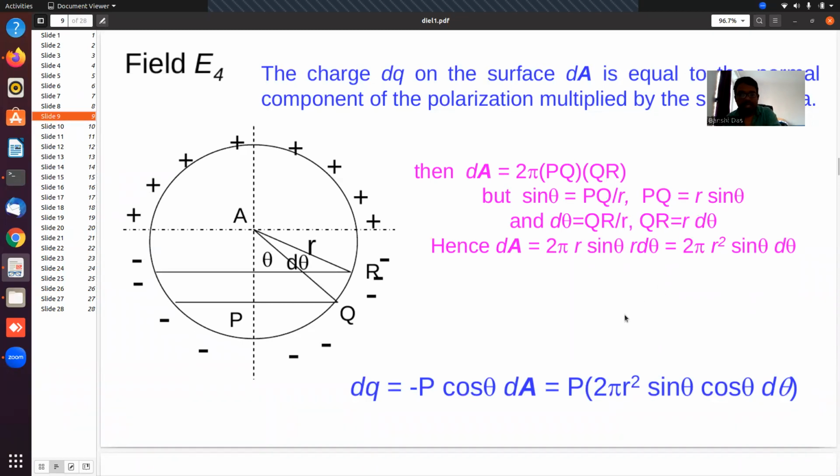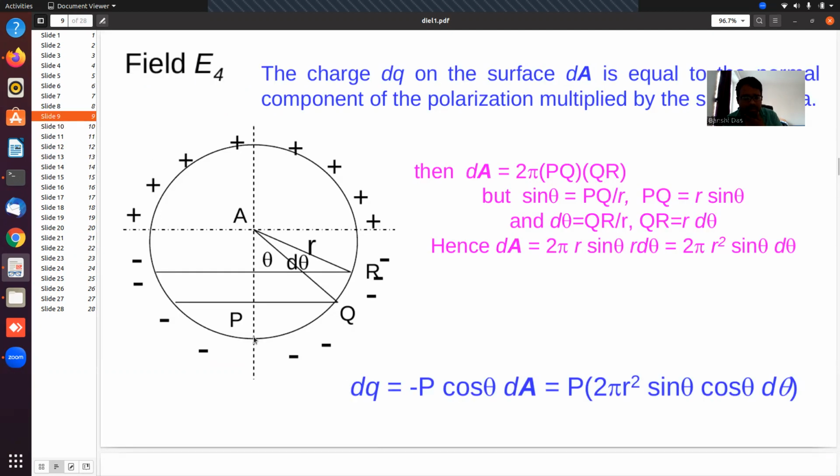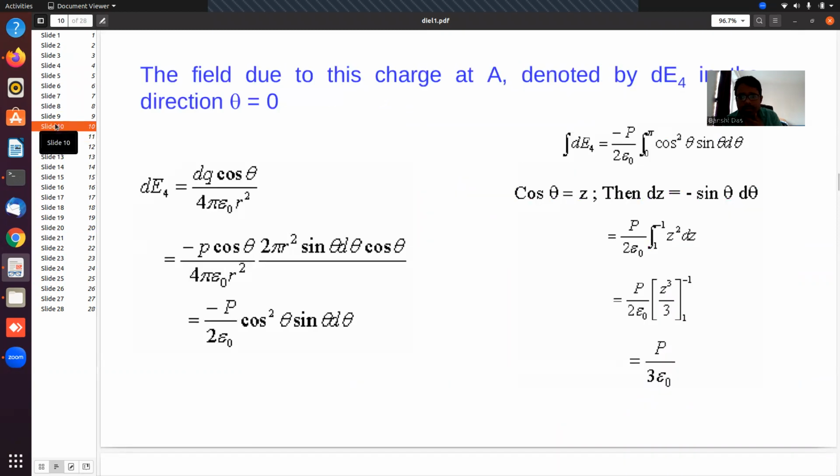Here dq gives the total electric field. So the total electric field equals dq cos theta by r square. dq is P cos theta dA, into cos theta by 4 pi r square.